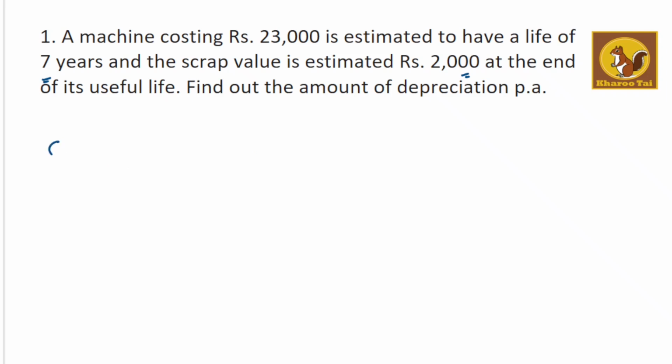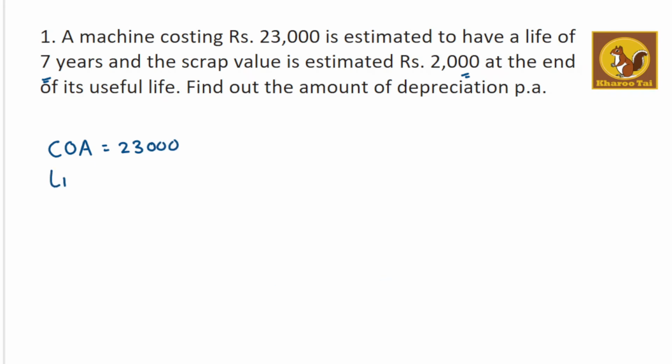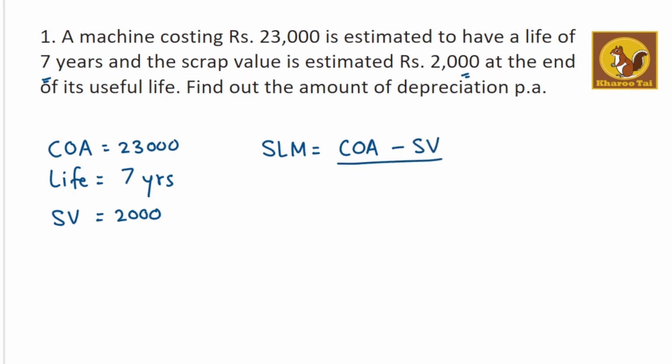So the cost of acquisition is 23,000. Life is 7 years and scrap value is rupees 2,000. The formula to find depreciation as per straight line method is (cost of acquisition minus scrap value) divided by useful life in years.